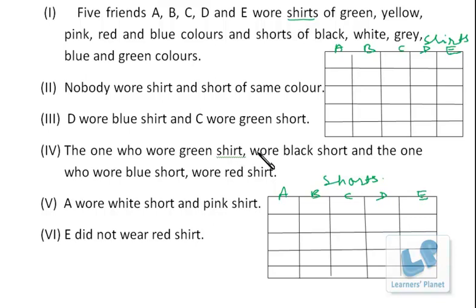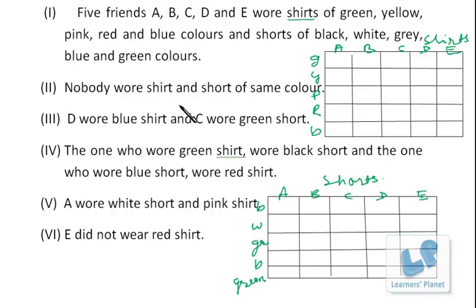Now let's write the colors of the shirts over here. The shirts are green, yellow, pink, red and blue. Similarly, shorts are of black color, white color, gray, blue and green, right?